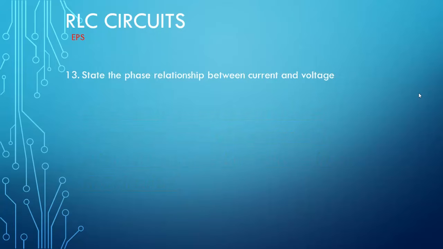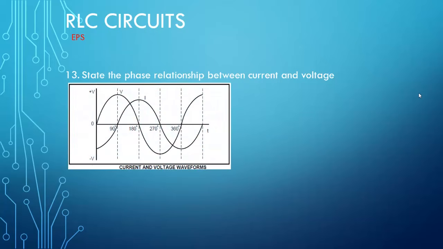State the phase relationship between current and voltage. So, in this diagram, state the phase relationship between current and voltage.